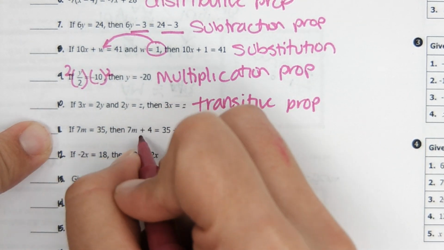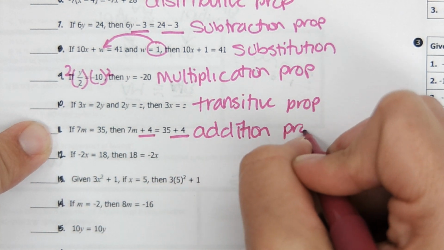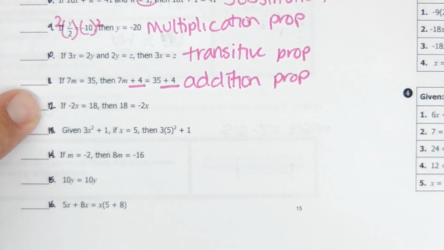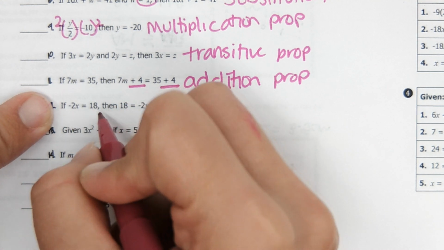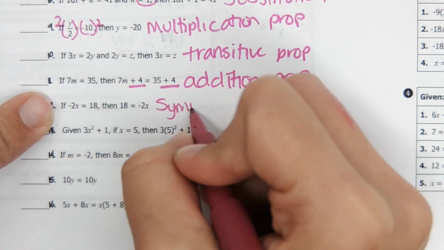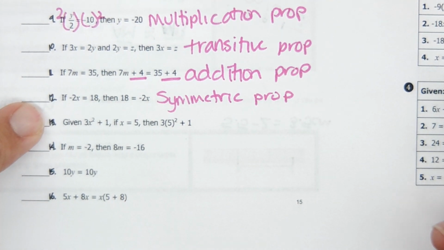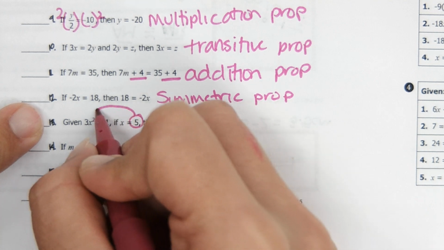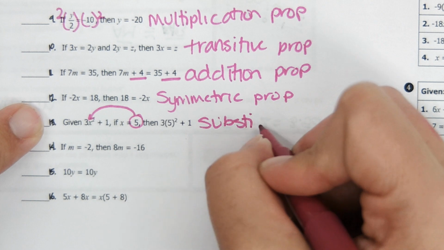The next one, they're adding 4 to both sides, so that's addition property. This one, negative 2x equals 18, then 18 equals negative 2x. That is symmetric property. For the next one, they give you an expression and they say x equals 5, and then they plug that in for x to get this expression. That is substitution.